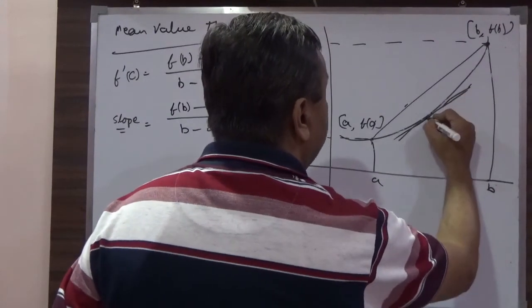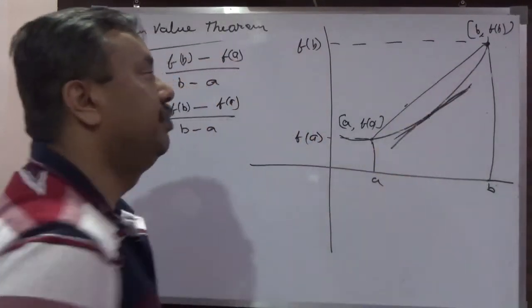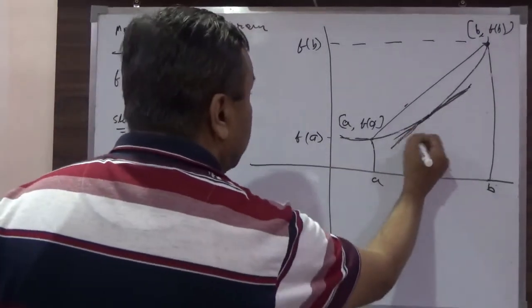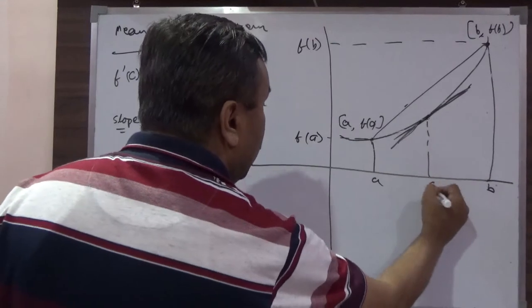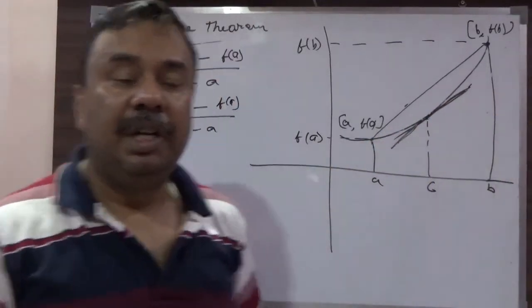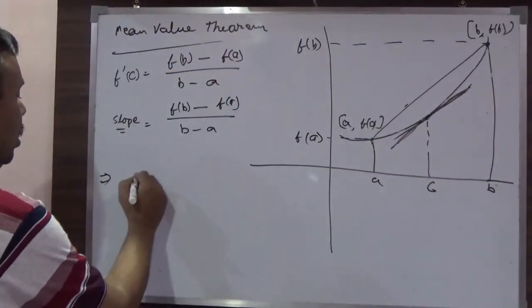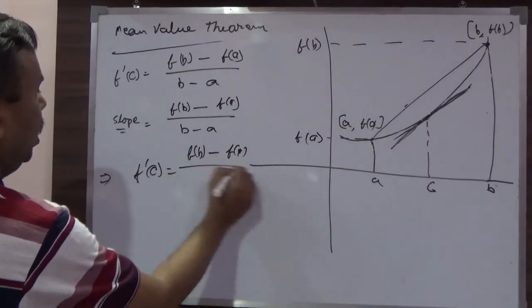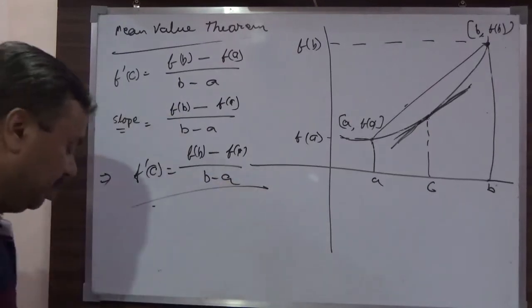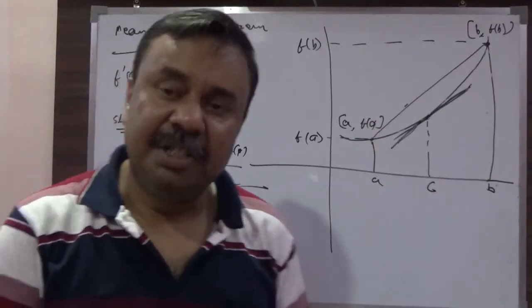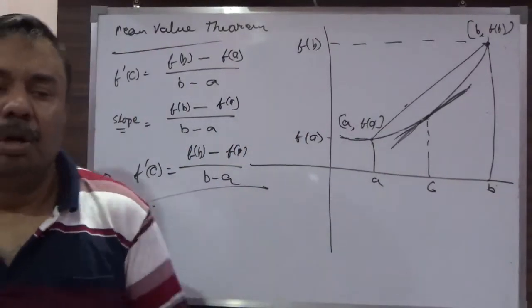The slope of this tangent will be the same as the slope of the line joining the points at A and B. Whatever is the point, that will be called c. And what is slope? Slope is differentiation. So I can say that f'(c) will be equal to (f(b) minus f(a)) divided by (b minus a). This is called the mean value theorem, or it is just an extension of Rolle's theorem.